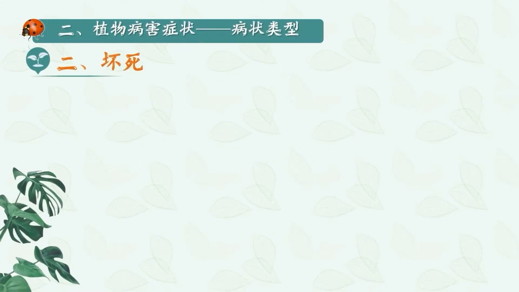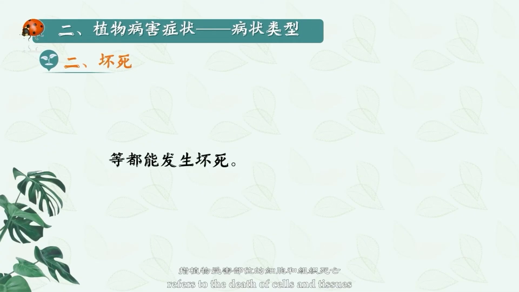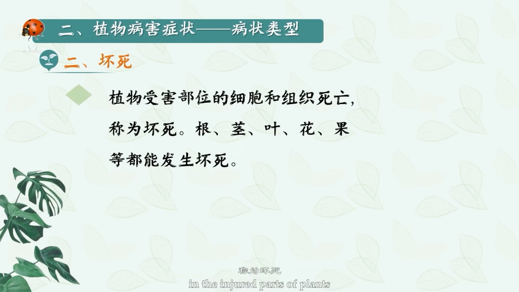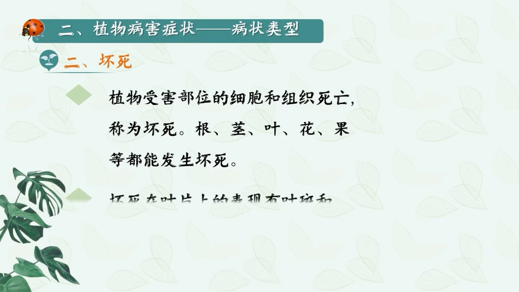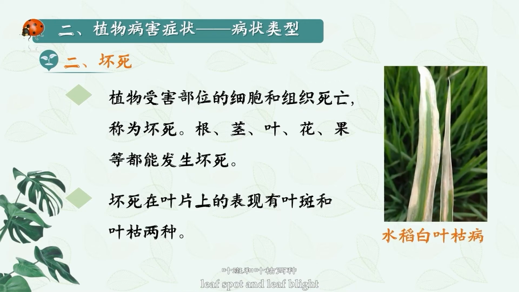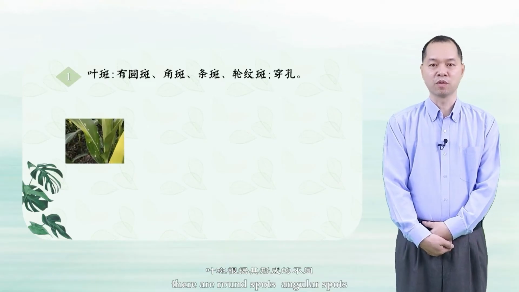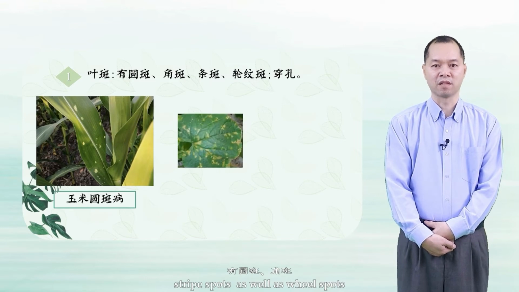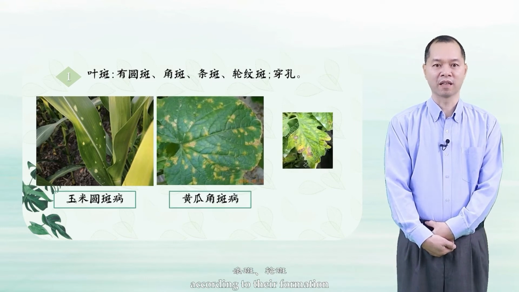2. Necrosis refers to the death of cells and tissues in the injured parts of plants. Necrosis can occur in roots, stems, leaves, flowers, fruits, etc. There are 2 kinds of necrosis on leaves: leaf spot and leaf blight. There are round spots, angular spots, stripe spots, as well as wheel spots, according to their formation.